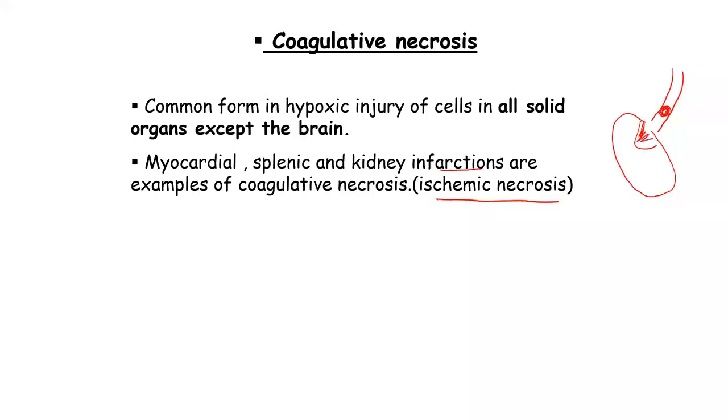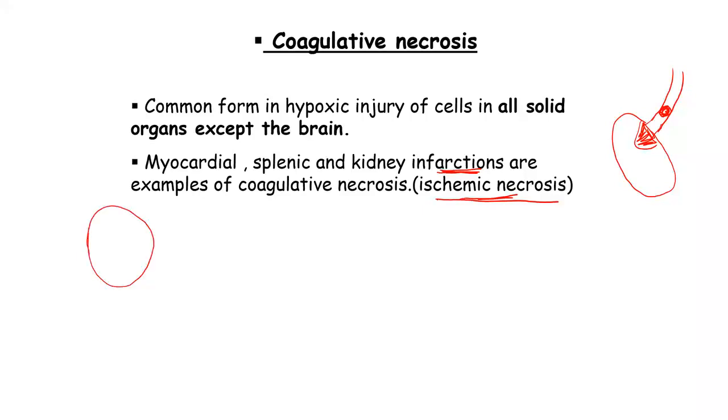Infarction means necrosis due to ischemia, a necrosis that develops due to cut of blood supply, so I have necrosis of part of the wall of the organ. Ischemic necrosis is called infarction, and this can occur in different organs, including myocardial, splenic, kidney, and lung. Even the brain can have infarction, but actually the brain doesn't have coagulative necrosis.